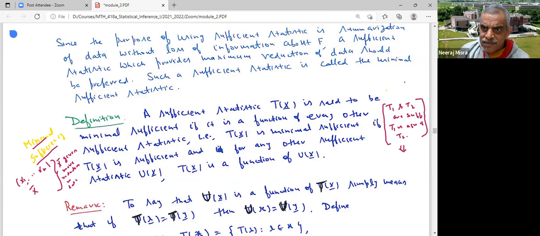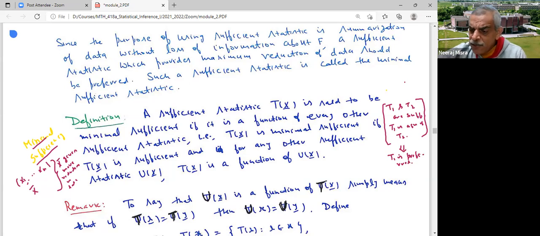Anyone? T1 and T2 both are sufficient, but T1 is a function of T2. So which one would you prefer? It was happening over here because x bar was a function of x1, x2, ..., xn, so x bar was giving more reduction in data. So here, T1 is a function of T2. T1 will give you more reduction in the data. So I would prefer T1. T1 is preferred.